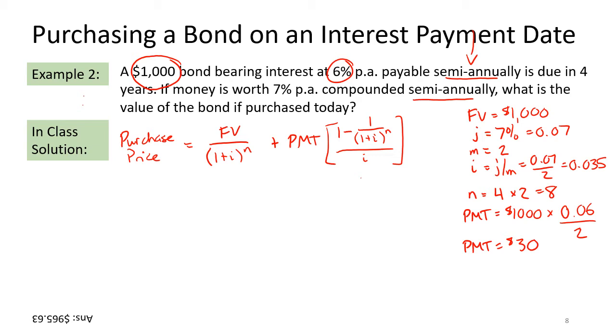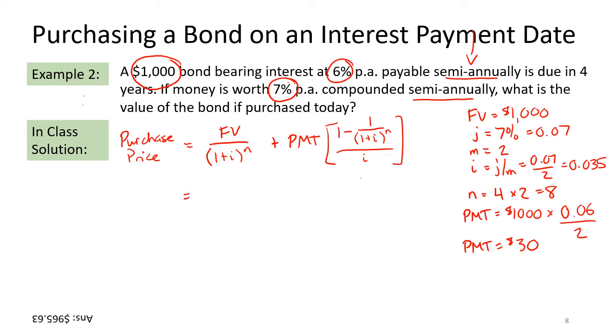okay? So with all this information, we're going to substitute it in, and you're going to see that because the market rate of interest is higher than the rate in the bond, your purchase price should be less. You should be purchasing this at a discounted rate.